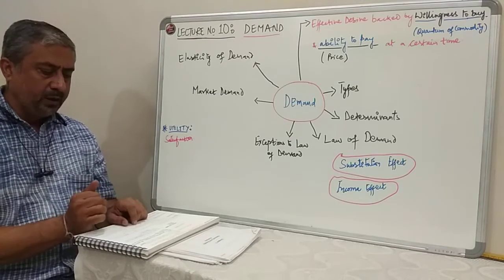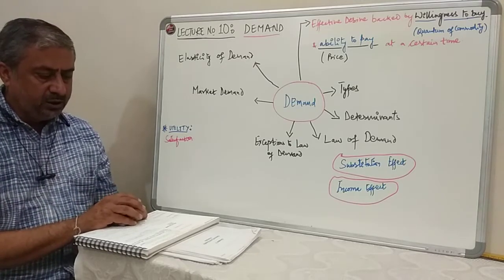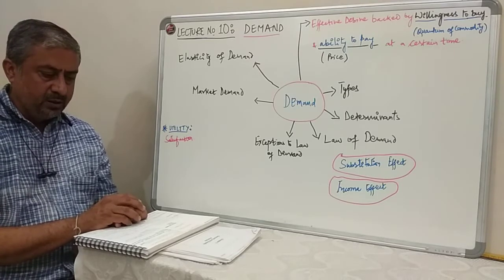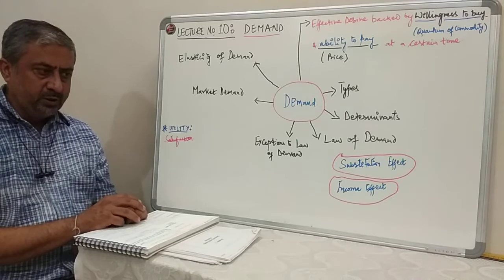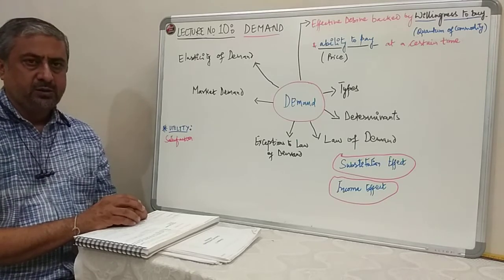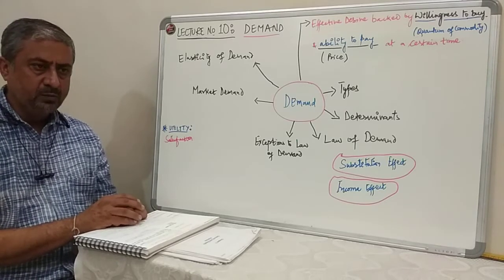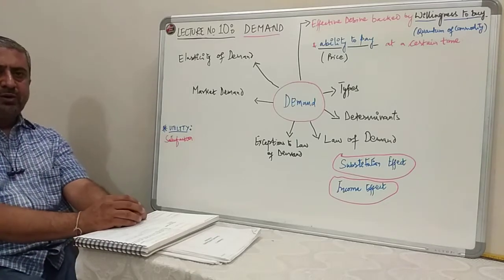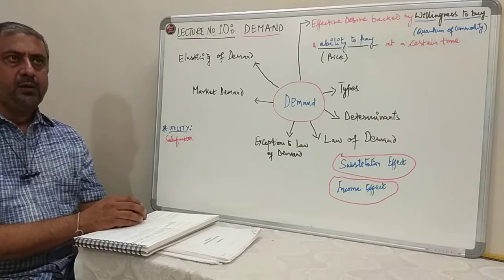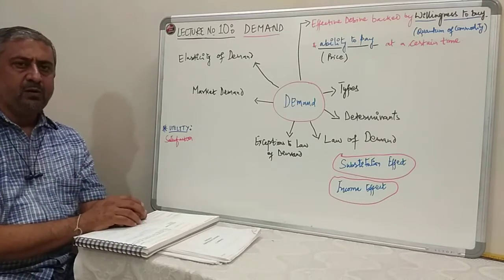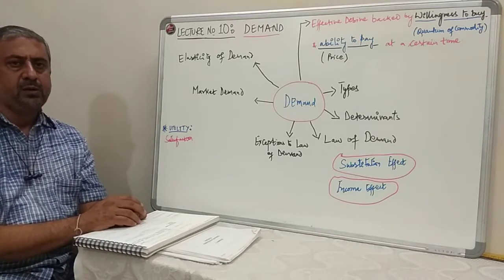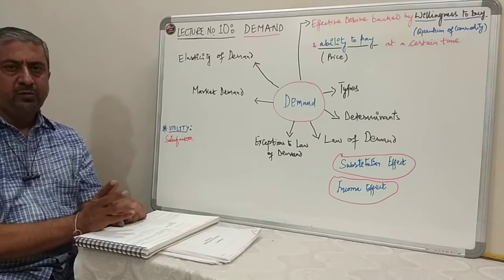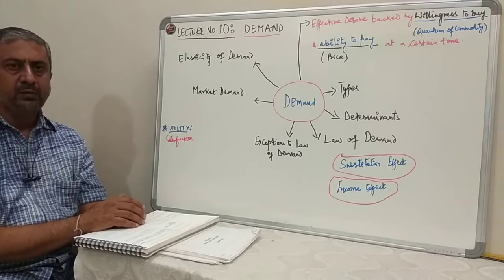Right? The other, income effect. When the price of a particular commodity falls, the consumer's real income rises. Hence, the purchasing power of the individual rises. Say, for example, you might be spending around 500 rupees on milk, buying at 50 rupees per liter, and you're consuming 10 liters of milk in a month.